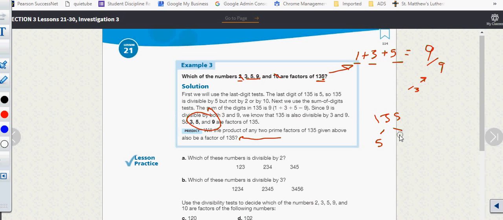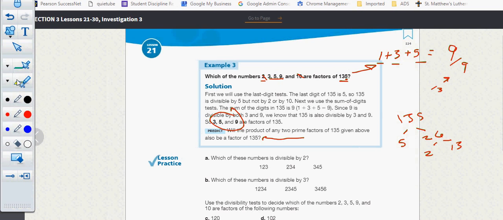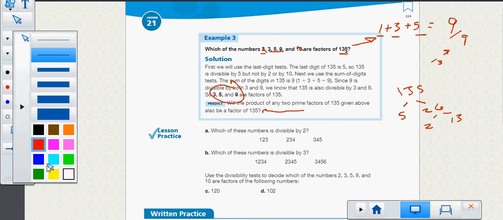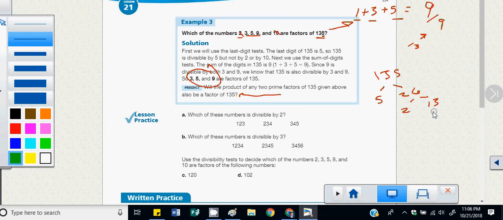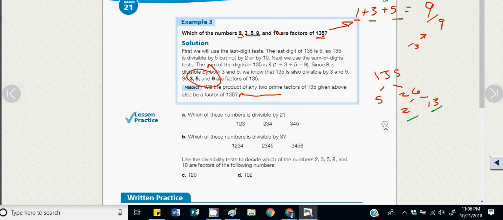Let me read this again: will the product of any two prime factors, even if I choose, let's say, 2 and 13, will they be a factor?